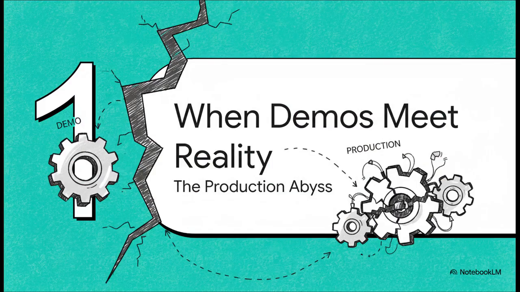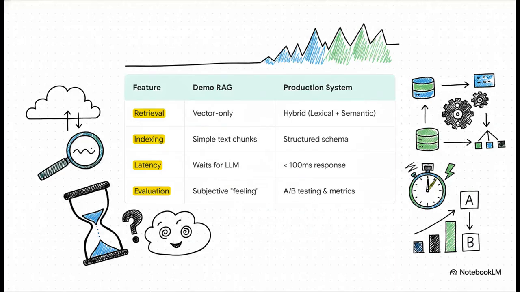And that brings us right to our first section, this huge, gaping abyss between a slick demo and a real production platform. This is where that simple RAG architecture starts to show its cracks, and it shows them fast. This slide really just lays it all out, doesn't it? A demo just uses simple vector search. But a production system needs a hybrid approach.